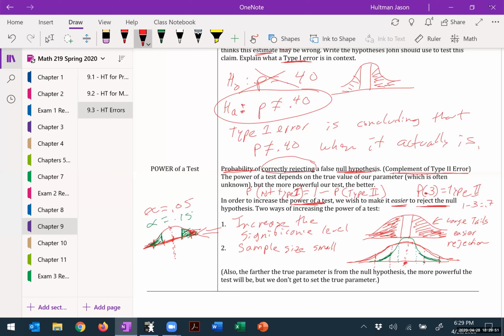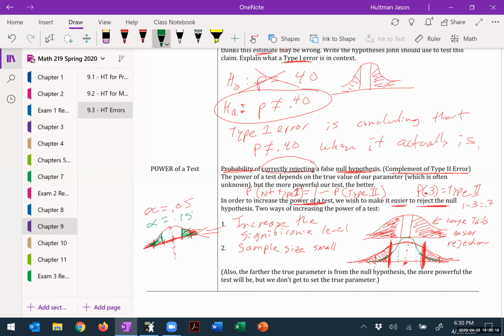If the sample size is small, and I choose a certain value here to cut off, I get really big tails.